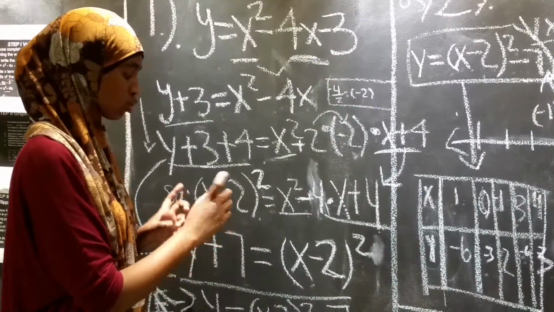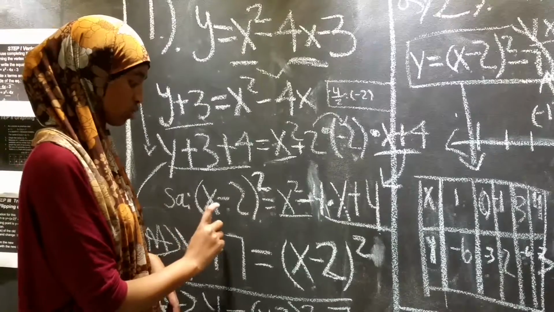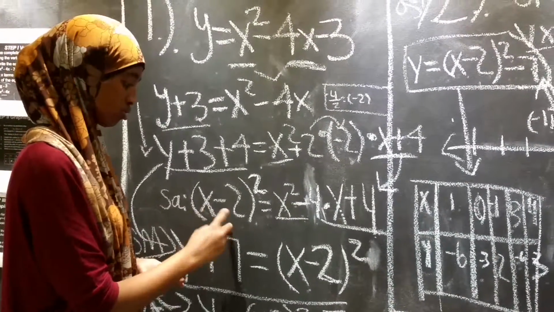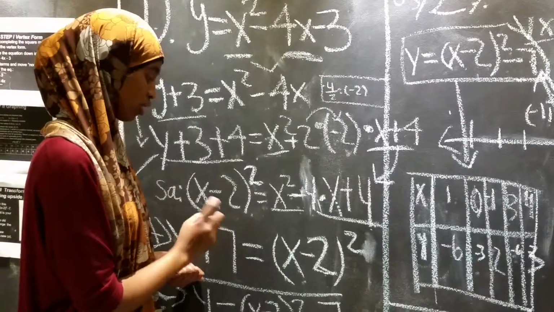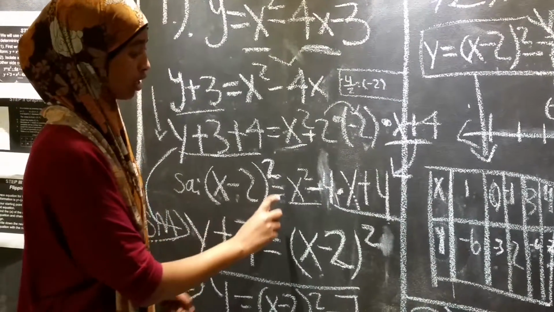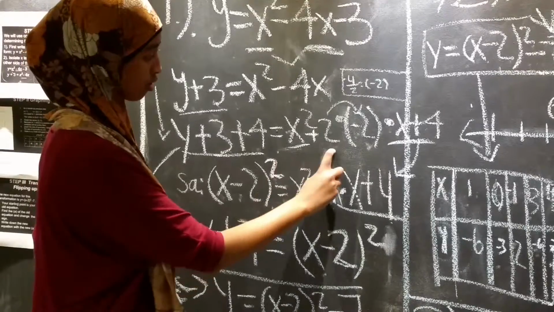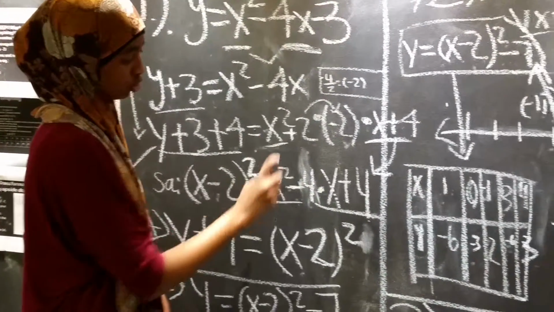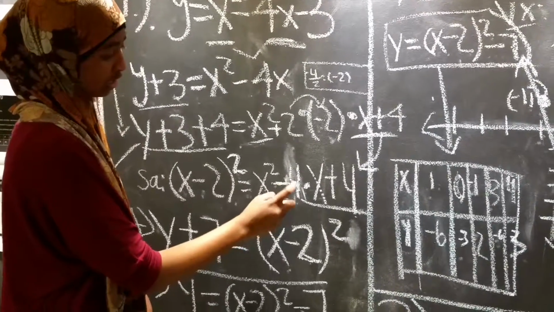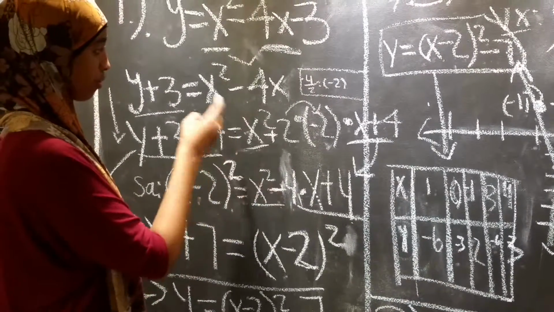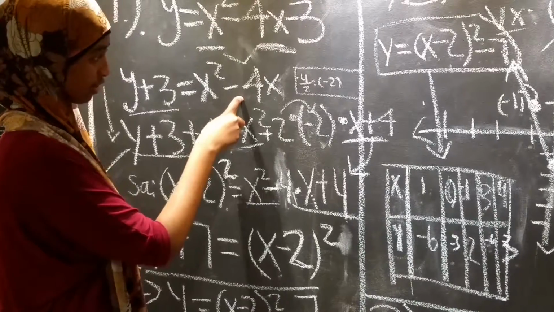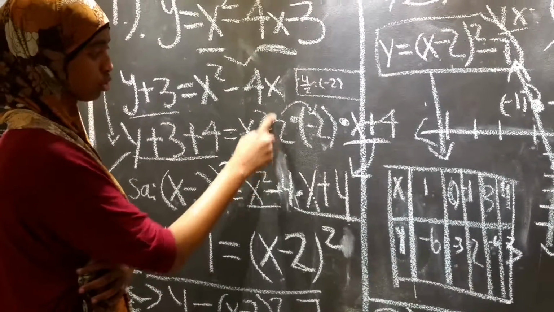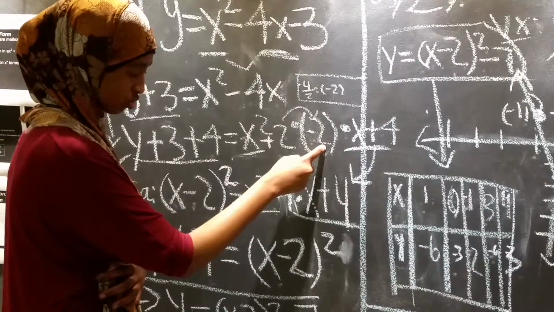We have to do it twice, which means x squared, and we bring the x squared down. To get the negative 4 from our previous, which is negative 4x, you do 2 times negative 2.